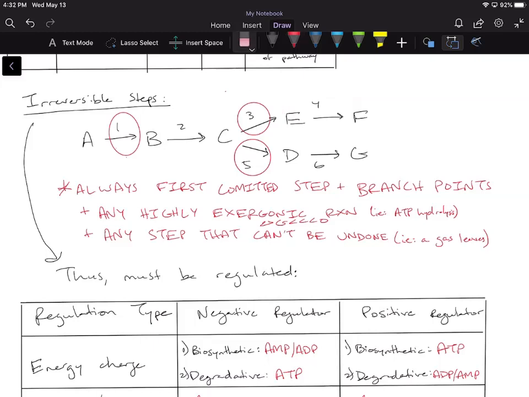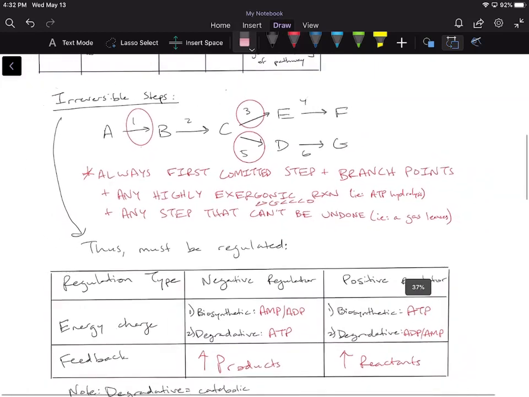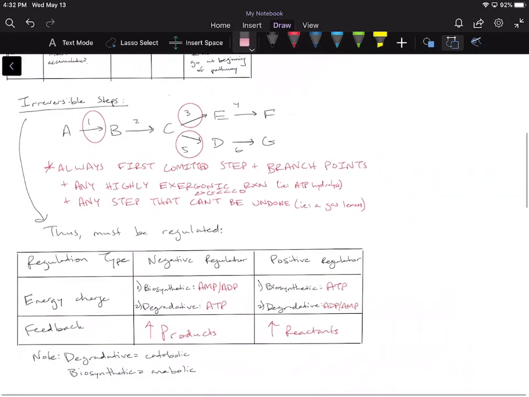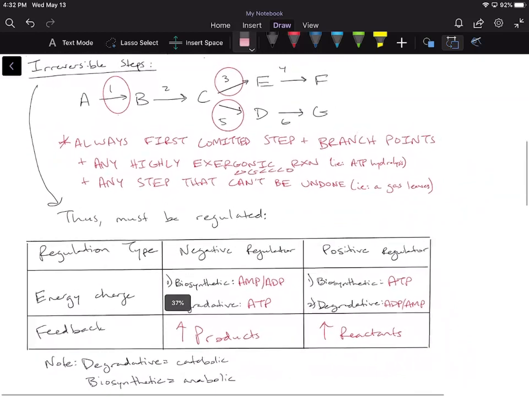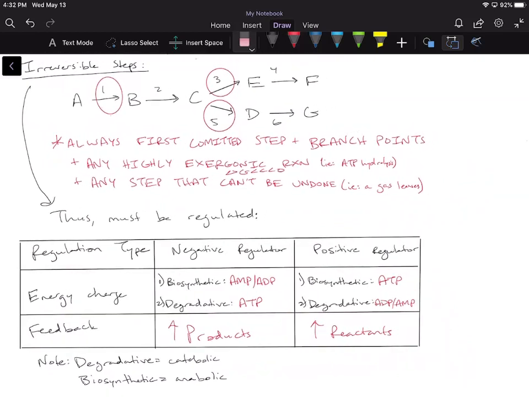To preface this, you should always think of these things in terms of what's logical or what makes sense. Your body always wants to maintain constant concentrations of everything. It doesn't want to waste energy, so it's not making something when it doesn't need to, and not using up something if it doesn't need to. This is the idea of biological efficiency.